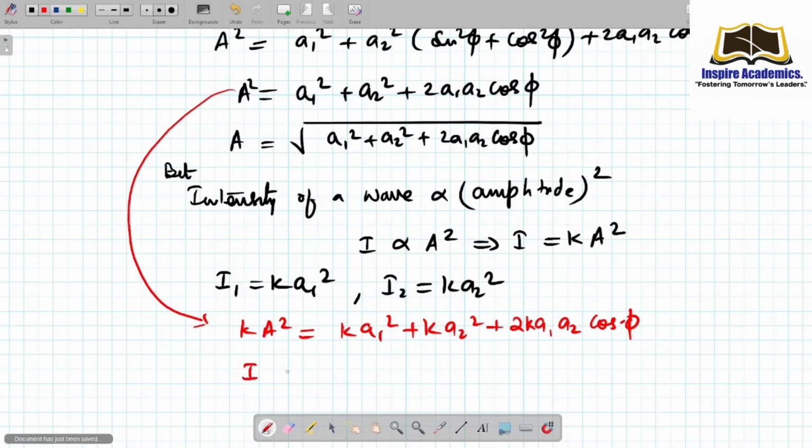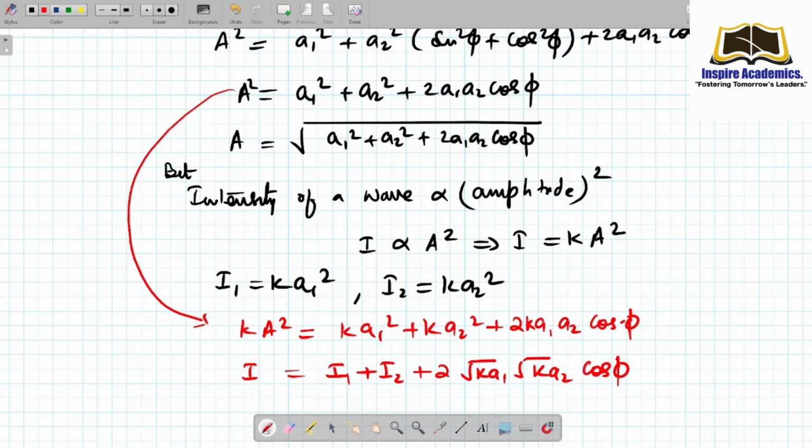So I would write here I equal to I1 plus I2 plus I can write twice under root k a1 under root k a2 and cos phi. Clear?